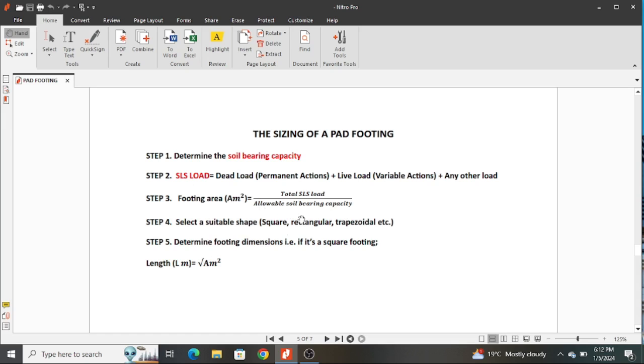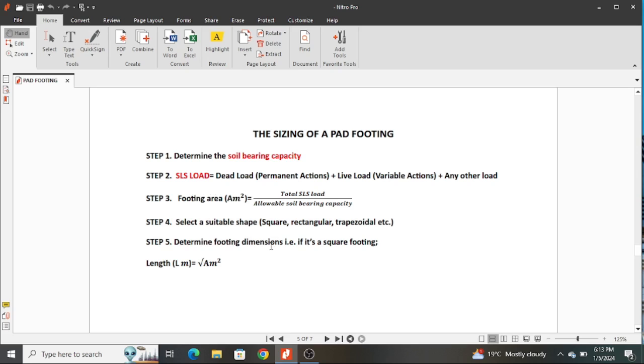This one will give you a value, and the value you'll get will be in meters squared, and this will be your footing area. And then you select a suitable shape. If you want a square footing, a rectangular, trapezoidal, whichever it will be, you assume that the shape that you've chosen bears the area that you have obtained in step 3 above.